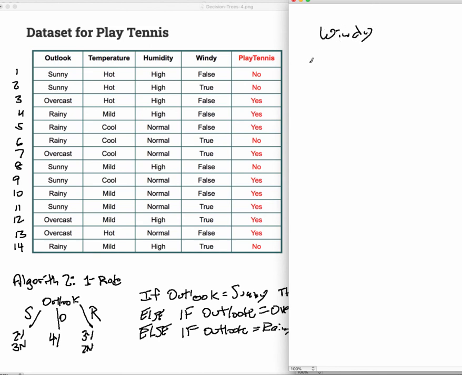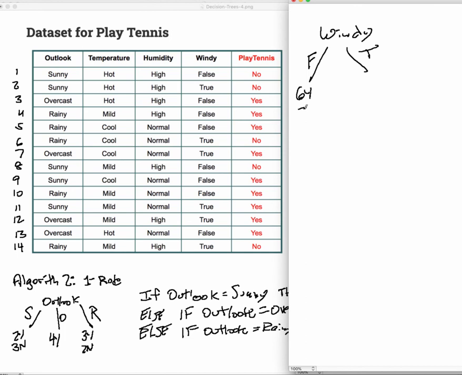So windy, we could have false or true. False, that gives me 1. That's 1 to 1. That's 2 to 1. That's 3 to 1. That's 3 to 2. That's 4 to 2. That's 5 to 2. That is 6 to 2.